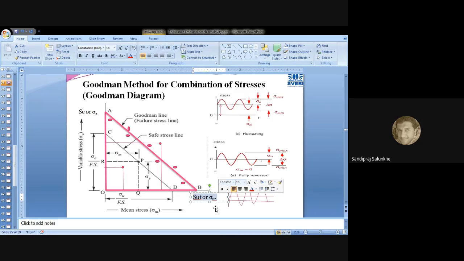So when we are going to plot yield strength on the graph, the same graph where we have plotted this ultimate tensile strength, then definitely this yield stress will be less than the ultimate tensile stress. Whereas the ultimate tensile stress can be implemented for both types of material, that is brittle as well as ductile.